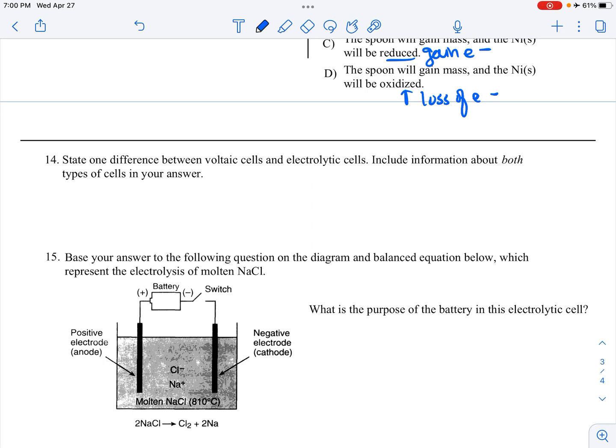All right, short answer. State one difference between voltaic cells and electrolytic cells. Include information about both types of cells in your answer.